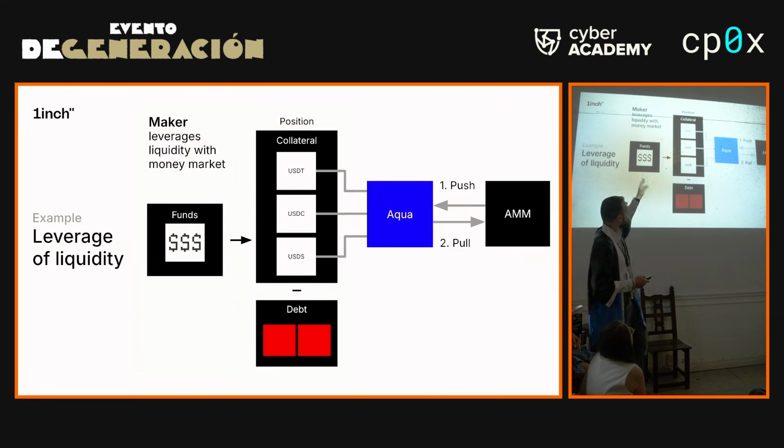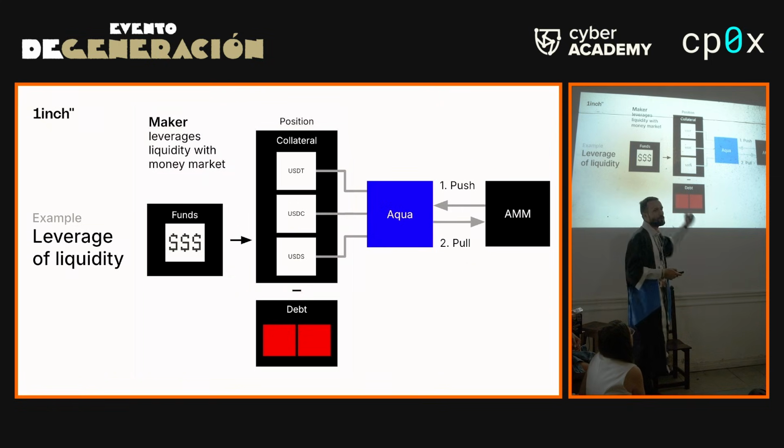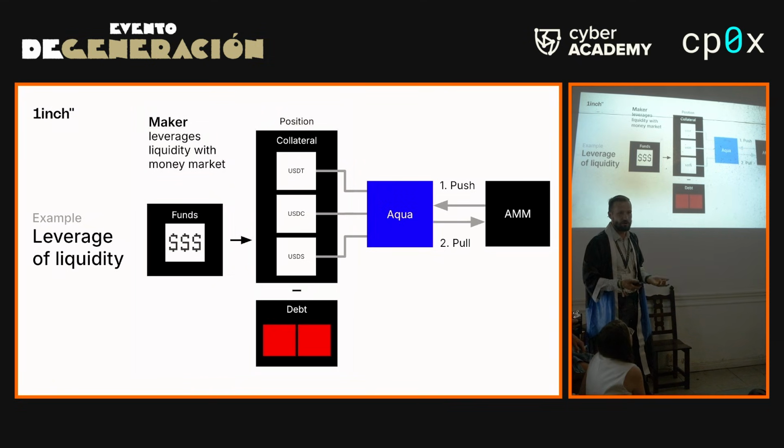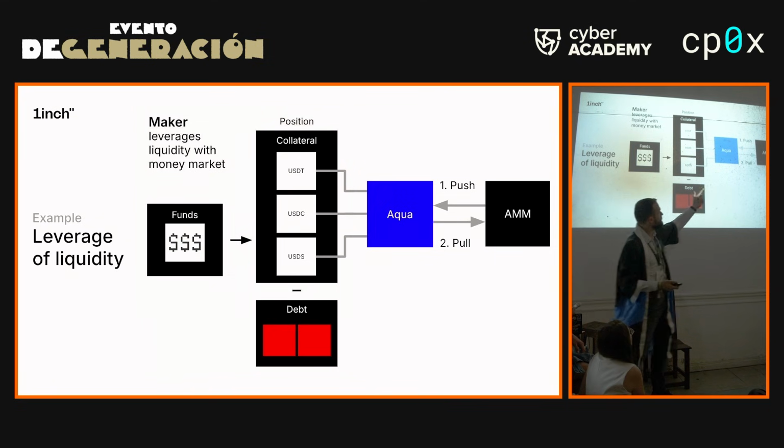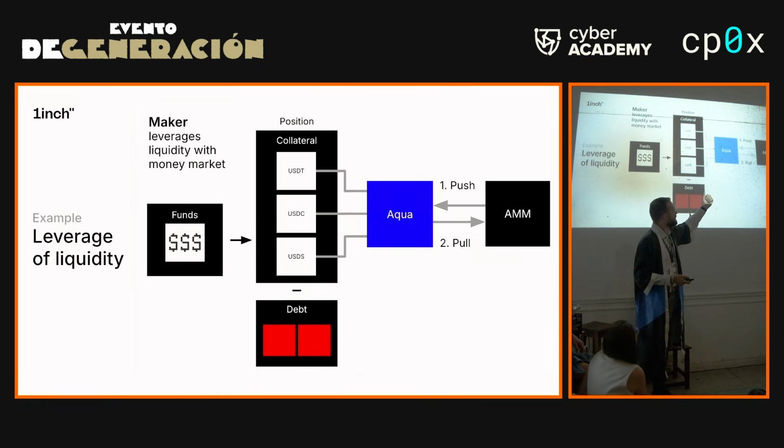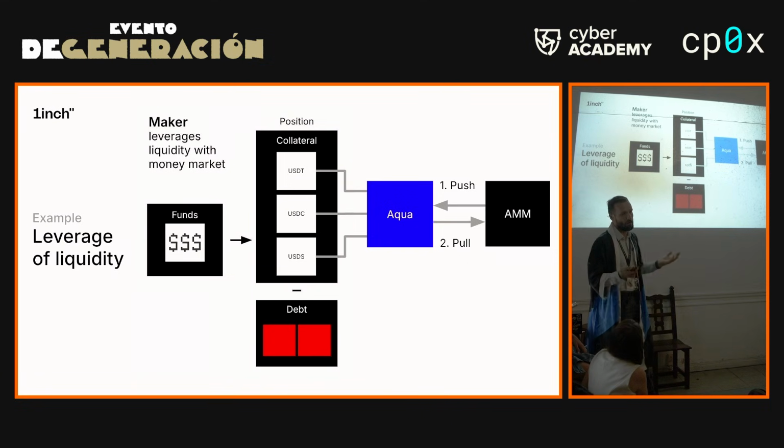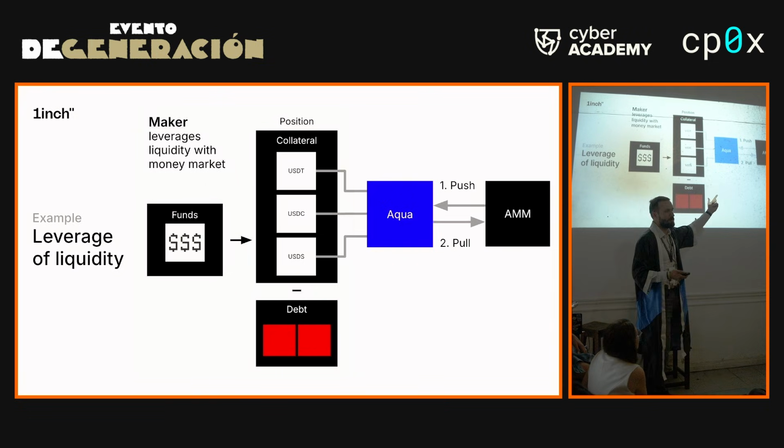If Aqua tried to pull 10K, you would be undercollateralized. So the transfer of the collateralized token would not let you do this. The money market would revert. So the AMM needs some basic support for this case. AMMs should support push and then pull, so they would first increase your collateral and then decrease it. It makes sense. Aqua itself supports this feature with zero lines of code, so we only need to support it at the AMM level.